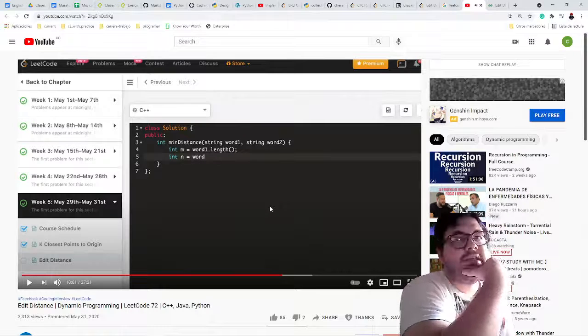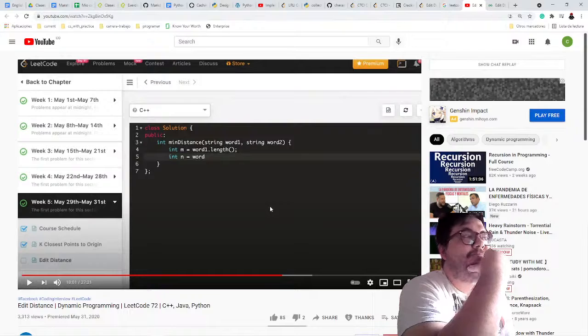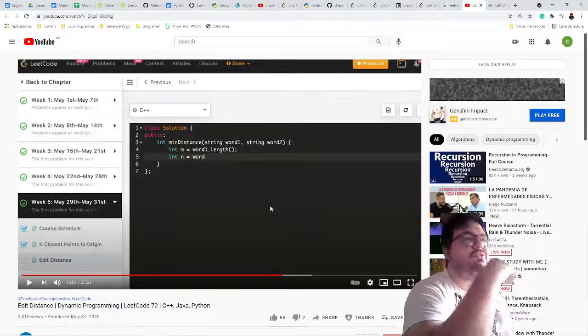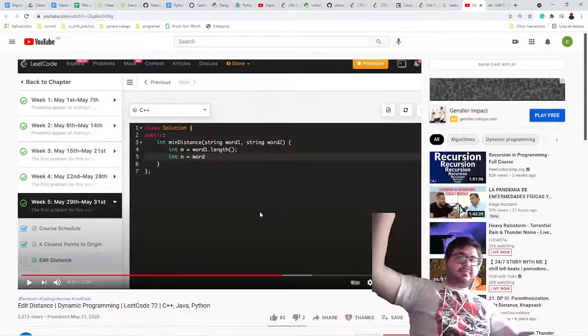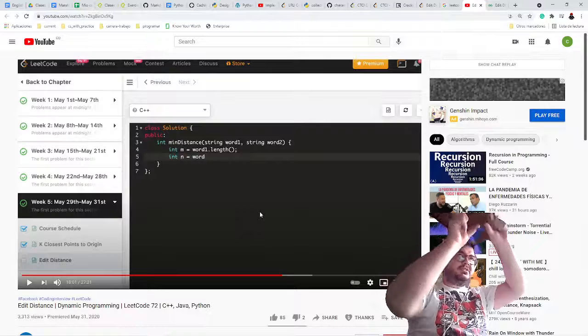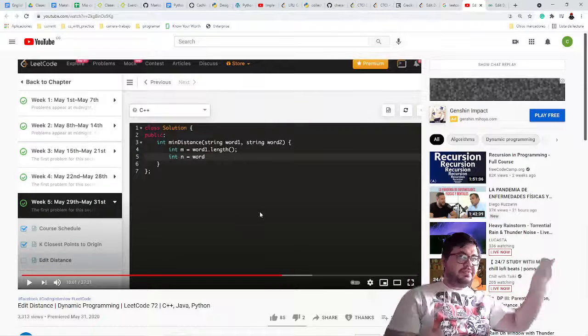He is not going to use a matrix because he's going to do it backwards. He's going to start here in the empty string, and he's going to go over there.